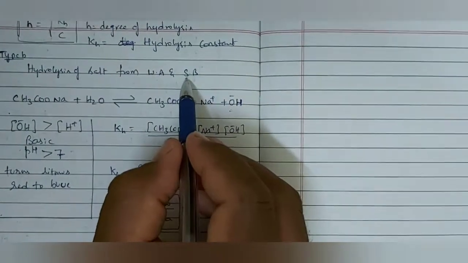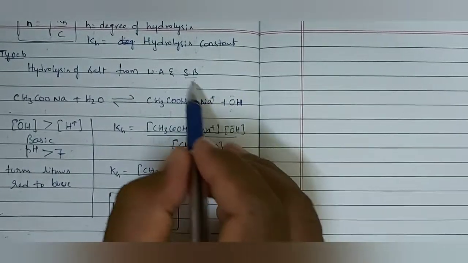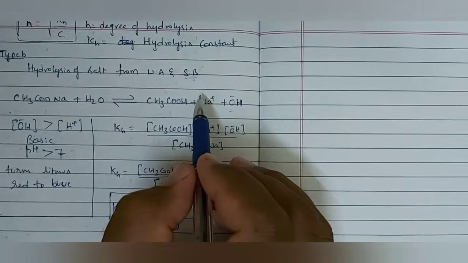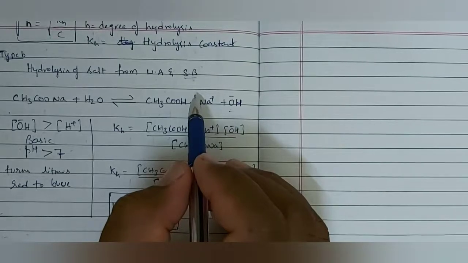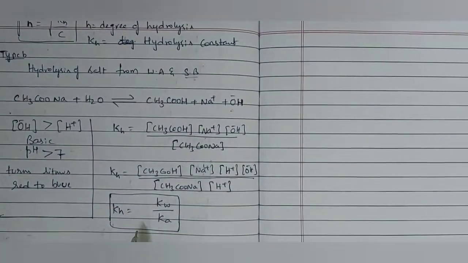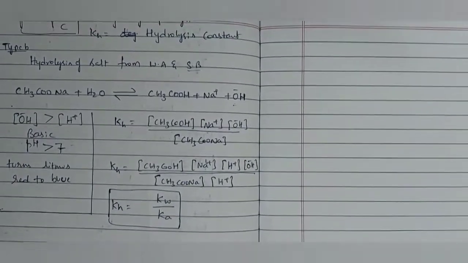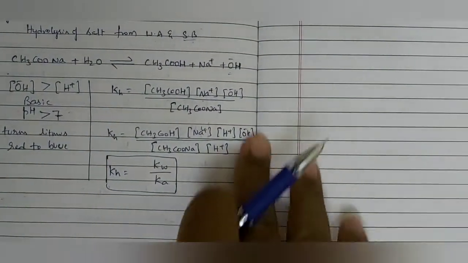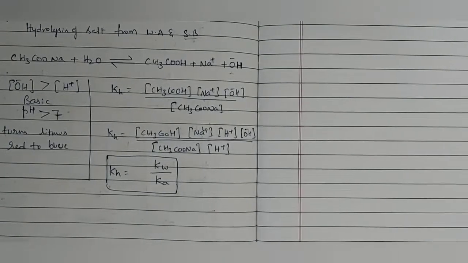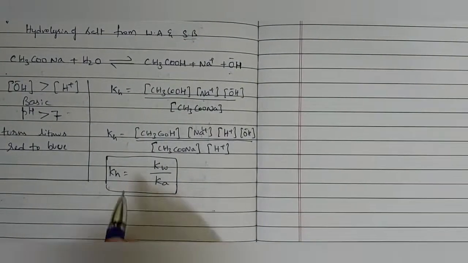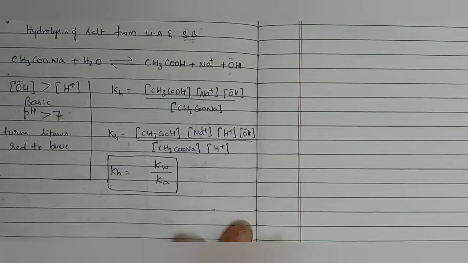It is showing the nature of the strong base. The previous one, strong acid, is acidic in nature. But finally, we are getting Kh is equal to Kw by Ka. That is very important.